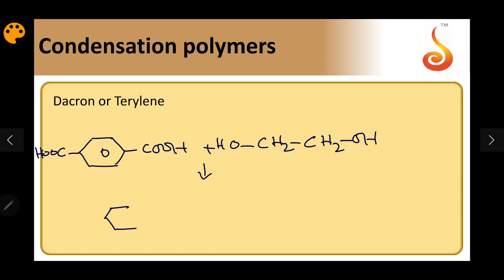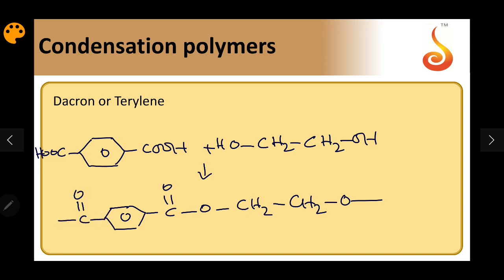So the partial structure is like this. So this will repeat. So this is very much used in wash and wear clothes, polyester clothes, very famous. No requirement of any ironing, just wrinkle-free clothes we can make.